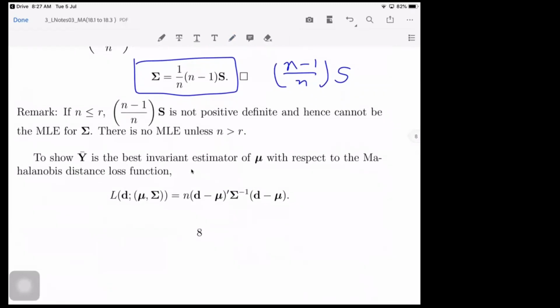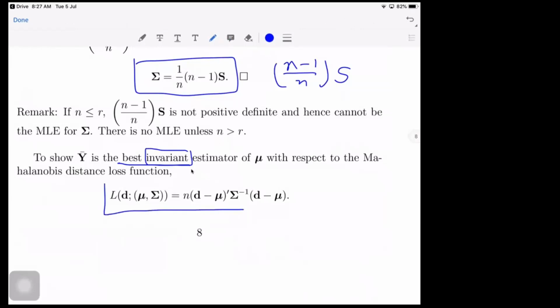So when we talk about being an invariant estimator, an estimator has its relationship with a loss function. Generally, we use this Mahalanobis loss function, and it is also related to some form of transformation.